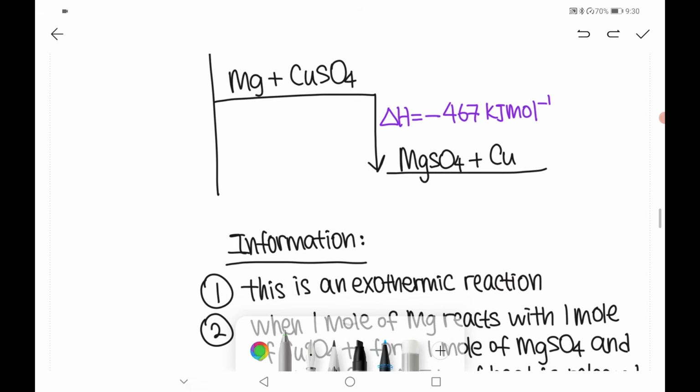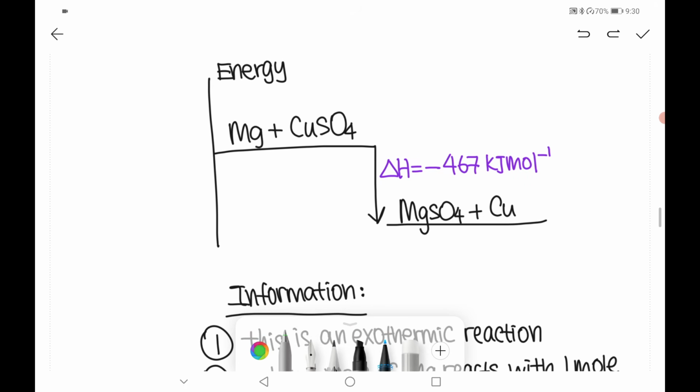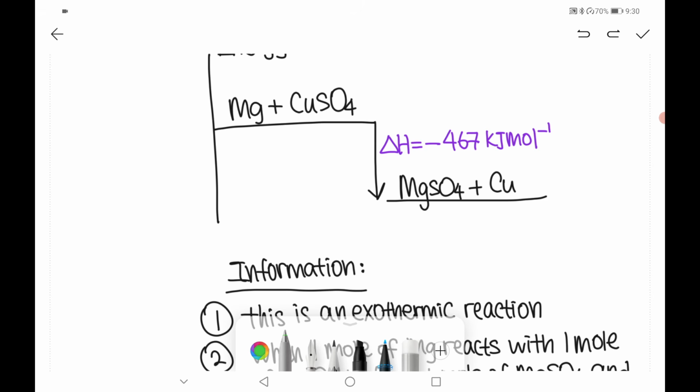How do we know how much heat is absorbed or released? First of all, you look at it. Now we have magnesium. How many magnesium do we have? 1 mole. 1 mole of magnesium reacts with how much copper sulfate? 1 mole.